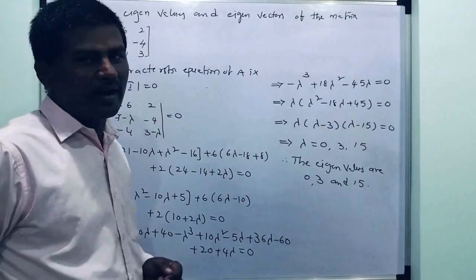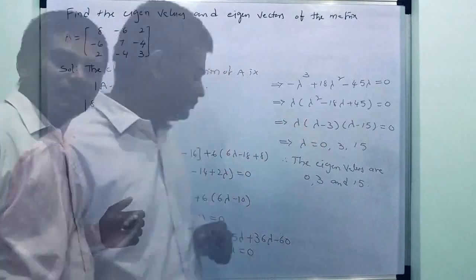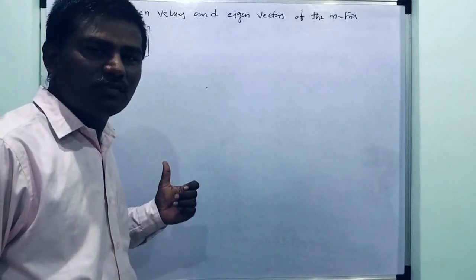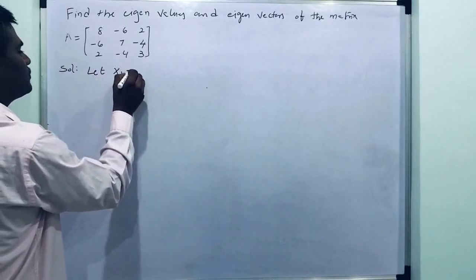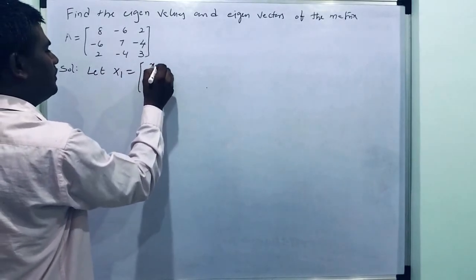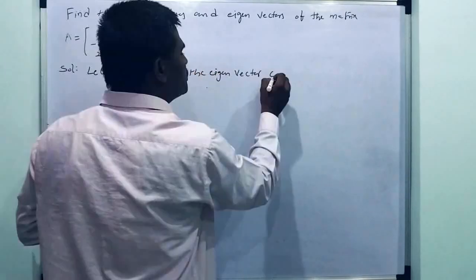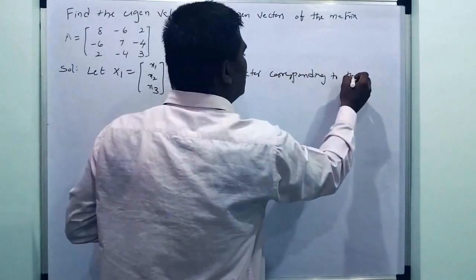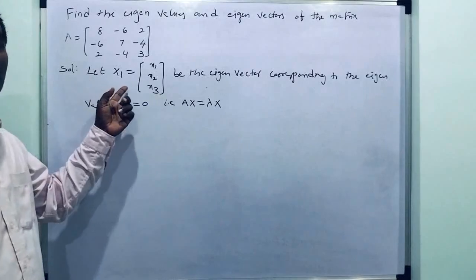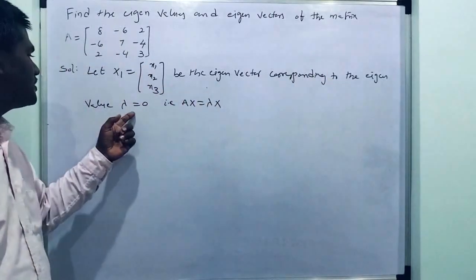Now, let us find the eigenvector corresponding to each eigenvalue. Let us find the eigenvector corresponding to the eigenvalue λ = 0. Let X = (x1, x2, x3) be the eigenvector corresponding to the eigenvalue λ = 0.